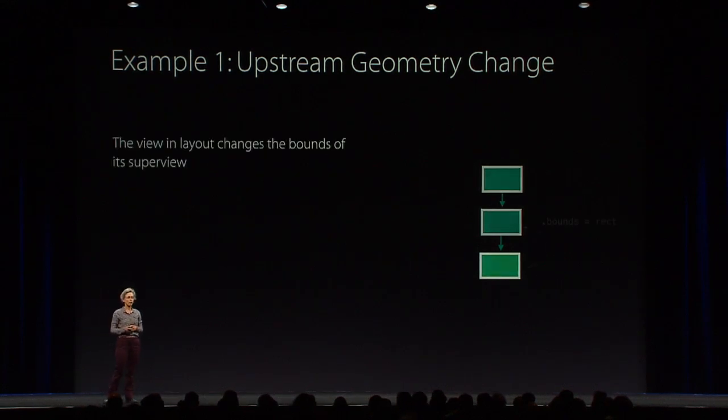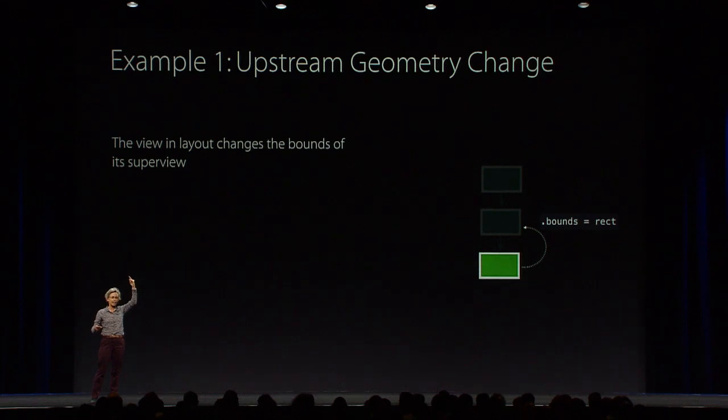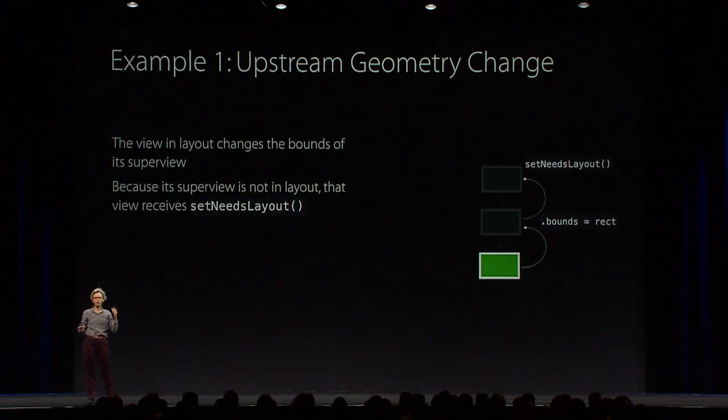So what was going on was that that third level view, during its layout, was changing the bounds of its superview. Now, when a view's bounds change, it gets an implicit set needs layout, because it will need to reposition its views for the new bounds. But also, if that view that's receiving the bounds change, if its superview is not actually in layout, the superview will also receive a set needs layout, so that layoutSubviews can have the last word on what the layout is.